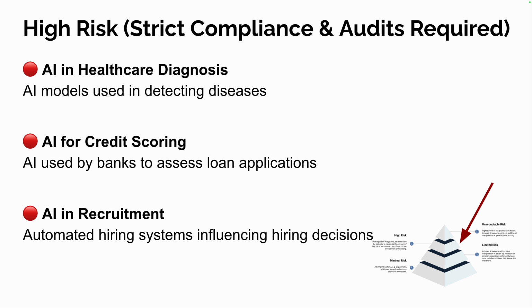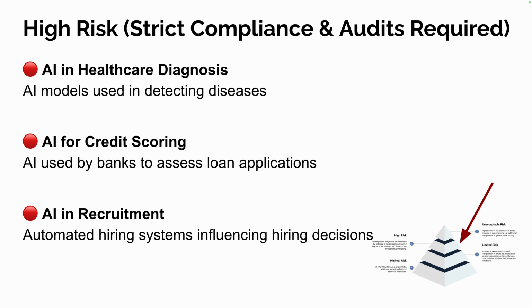High-risk applications of AI require strict compliance and strict audits. These can be in the healthcare sector. An AI model that is used for disease detection is classified as high risk.